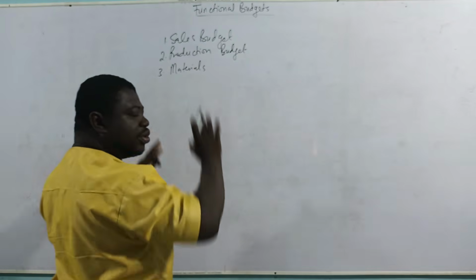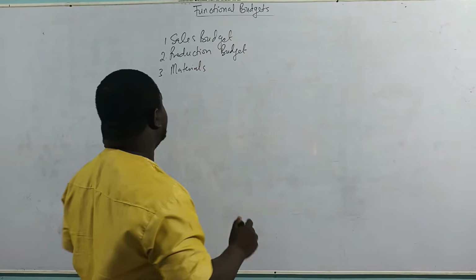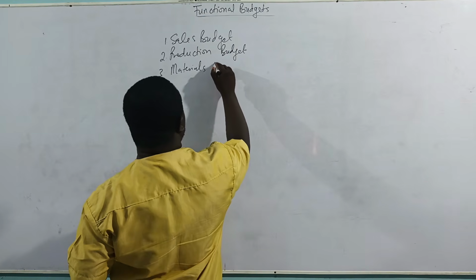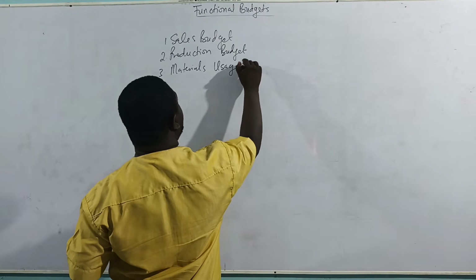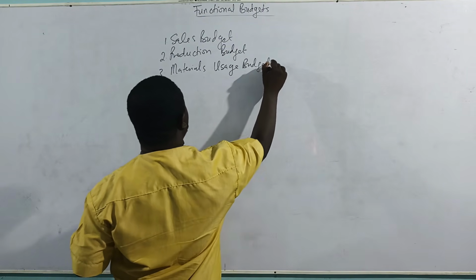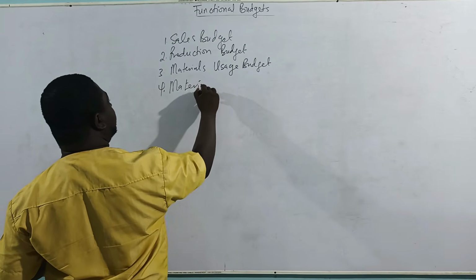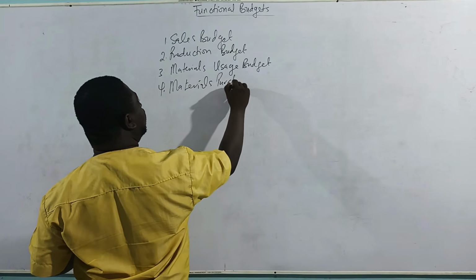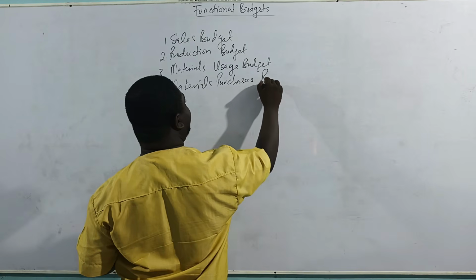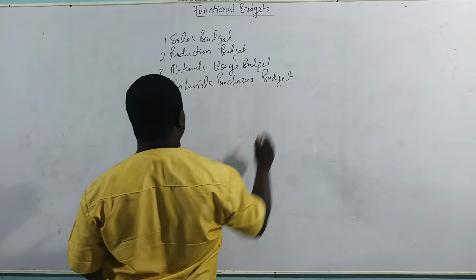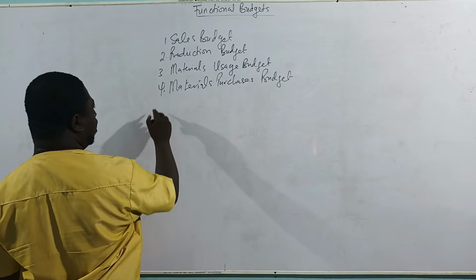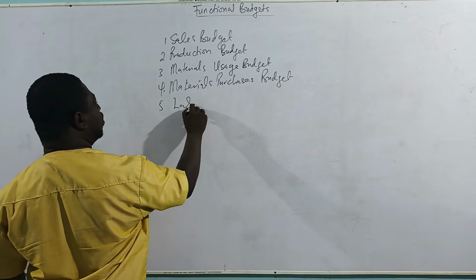I'm going to show you a link between these budgets that I'm mentioning. Materials usage budget, and then the materials purchases budget, and then we can also talk about the labor budget.